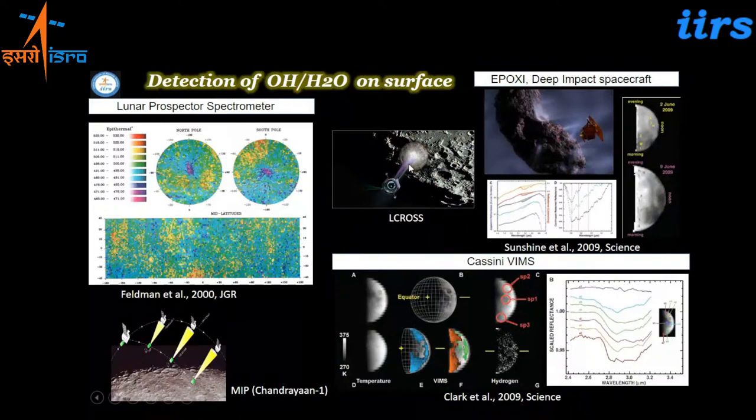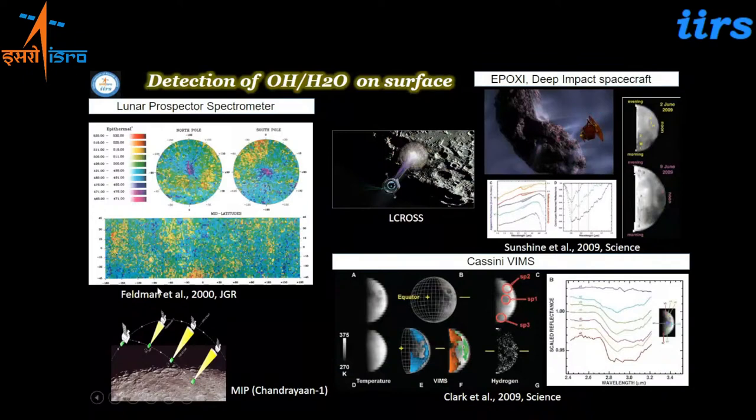Then another, LCROSS, the Lunar Crater Observation and Sensing Satellite, was a robotic spacecraft operated by NASA that impacted the permanently shadowed crater Cabeus near the Moon's south pole, and the resulting ejecta was analyzed for volatiles and found the presence of various volatiles, including water, carbon dioxide, methane, and H2S, along with OH.